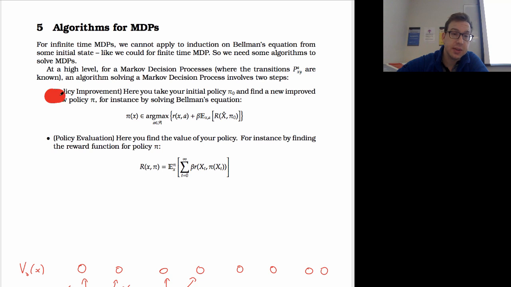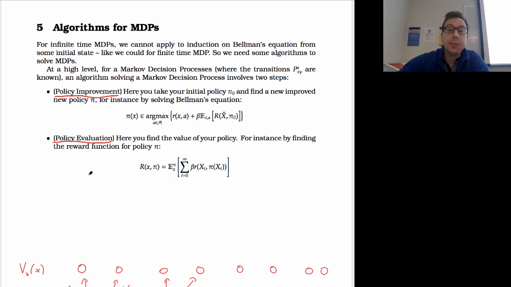It'll have a policy improvement step, where you look at the policy that you currently have and ask how it could do better than it currently does, and a policy evaluation step, where you look at the rewards or the value function that you're getting and try to evaluate that for the policy that you're considering.